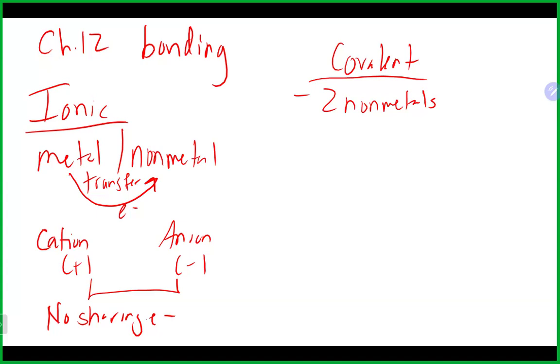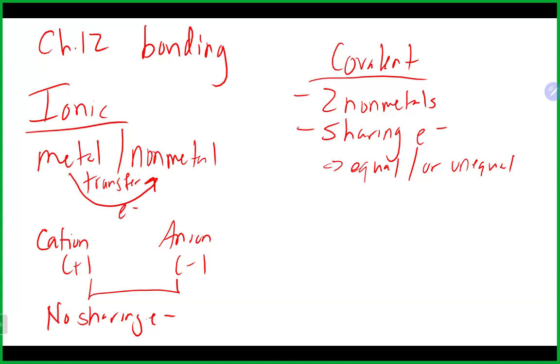And the best that they can do is agree upon sharing. Now, as we also talked about, they will share electrons, but that sharing may be equal or unequal sharing of those electrons. So again, equal or unequal sharing. But there is some aspect of sharing going on with a covalent bond.